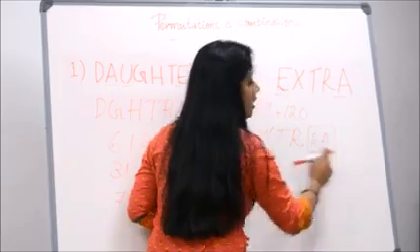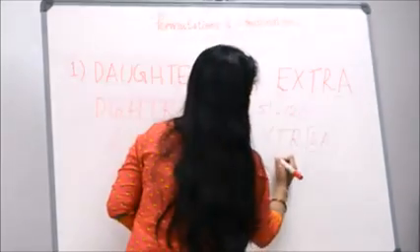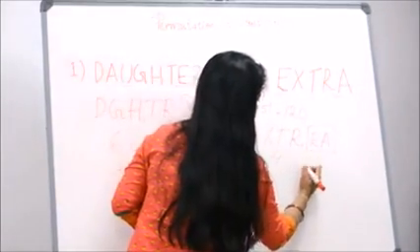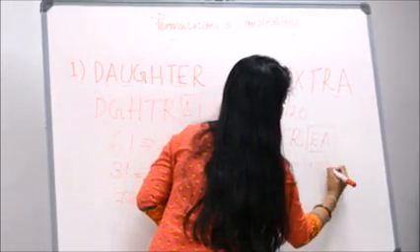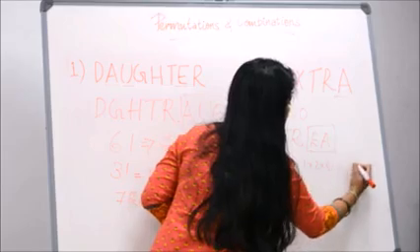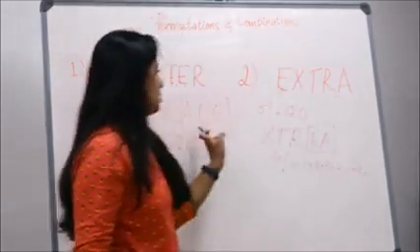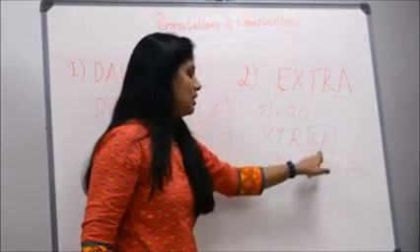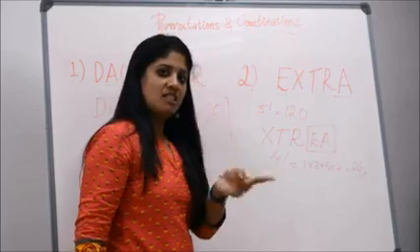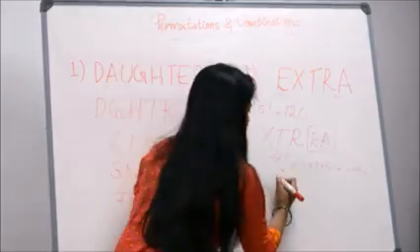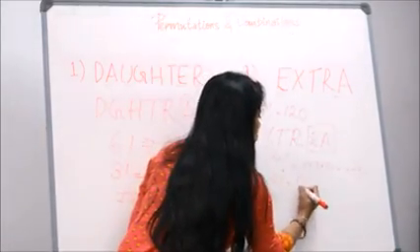So totally there are 4 letters. So it is 4 factorial, which is 24. Okay, and then similar to this case, there are 2 letters here, so there are 2 factorial ways in which E and A can be arranged.